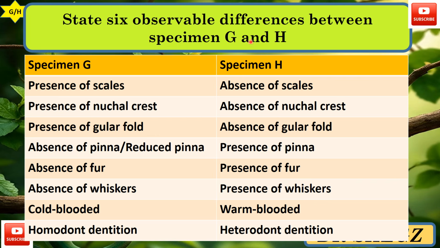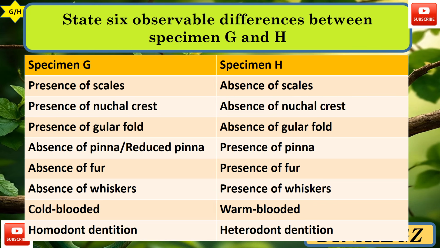Differences between G and H. Remember, G is the lizard, H is the rat. Scales, nuchal crest, gular fold, all of these are present in lizard, but they are absent in rat. Reduced pinna, no fur, no whiskers. That's for the lizard, while rats have all of these.